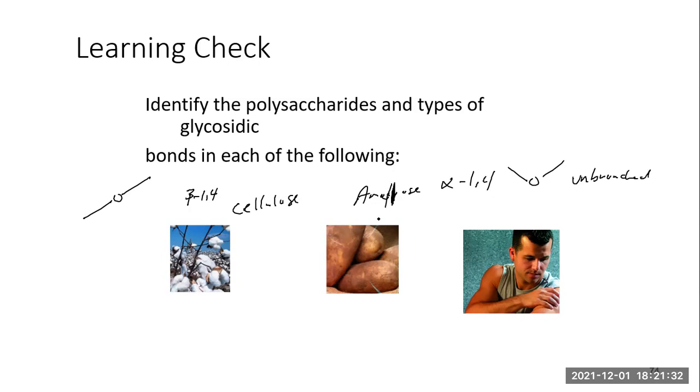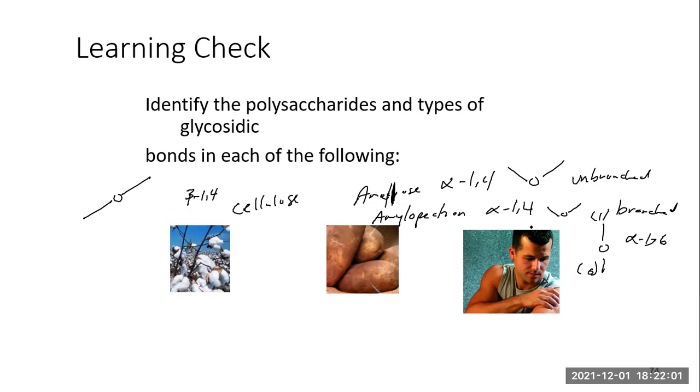Then obviously we have our amylopectin, which also has the alpha 1,4 connection, and is also branched at that point where we get that straight down move from 1 to 6 in terms of the connection. And that would be our alpha 1,6 connection here.